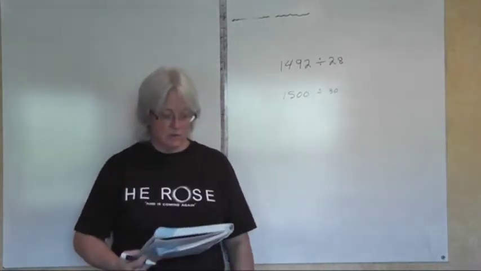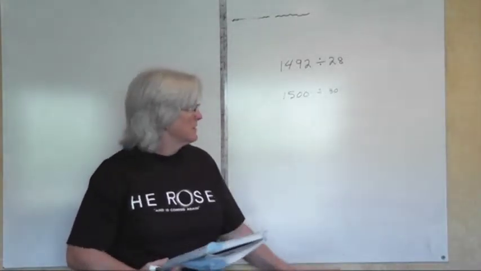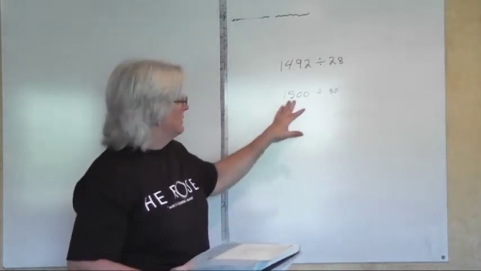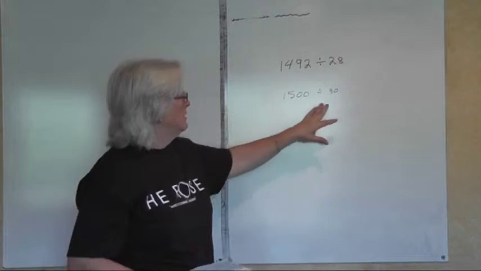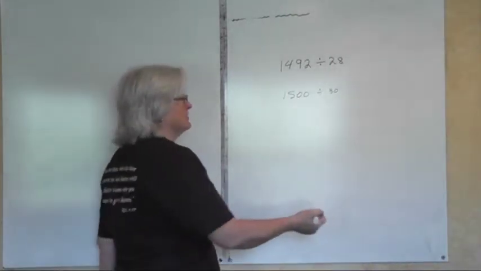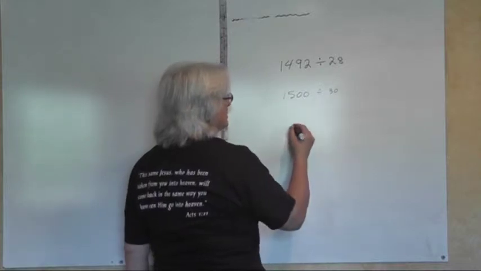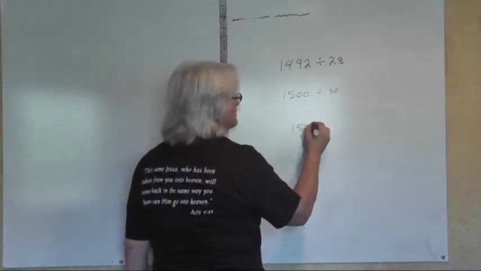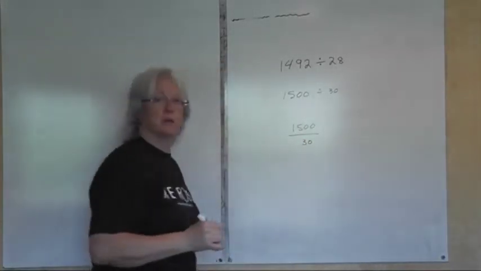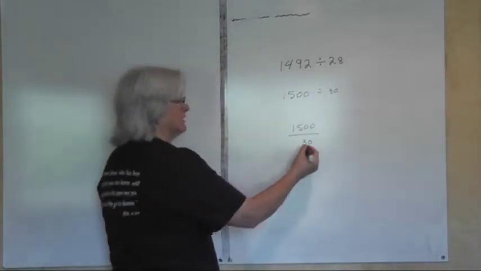Well, let's see what they say. They're saying just go ahead and indicate that we have 1,500 divided by 30, and then go ahead and carry out the division. Let me show you two different written ways to do this. 1,500 divided by 30. This is when canceling common factors is really nice.